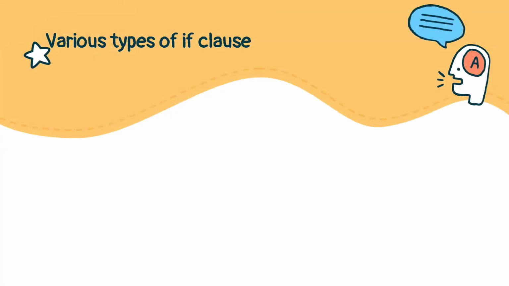Okay. Next, various types of if clause. There are 4 types of if clause. The first, type 0, general truth or fact.